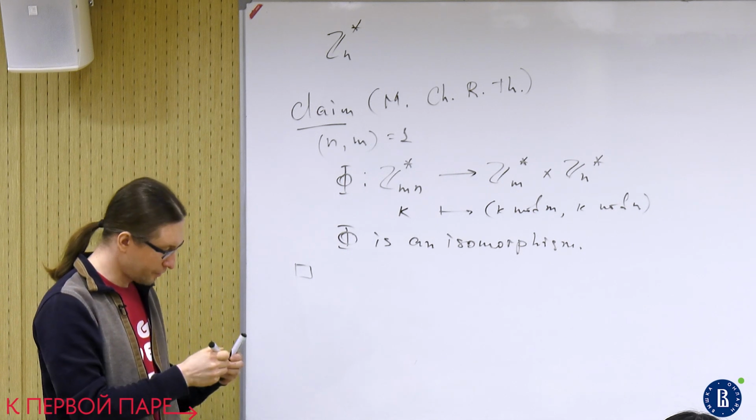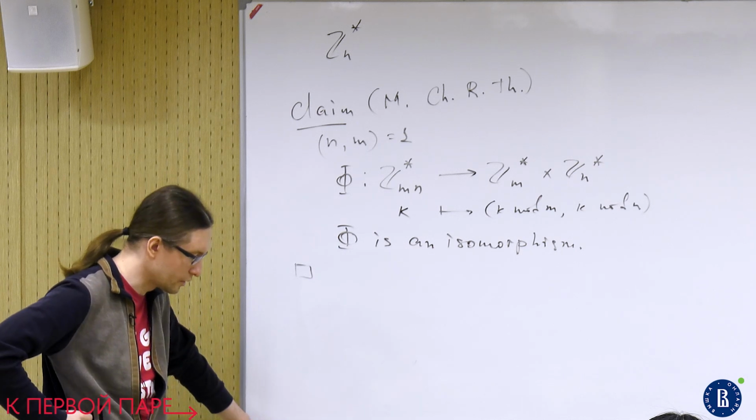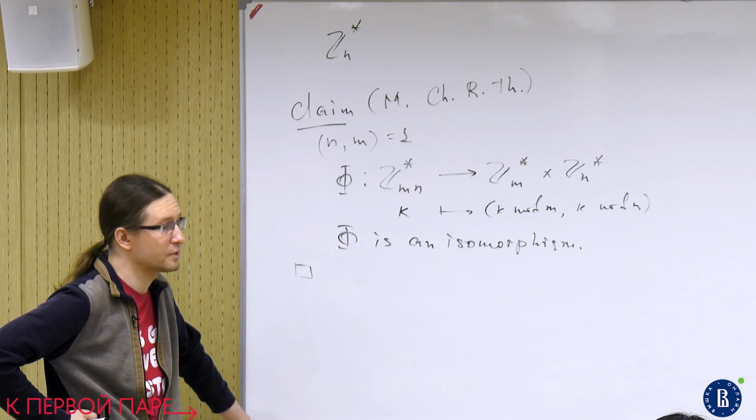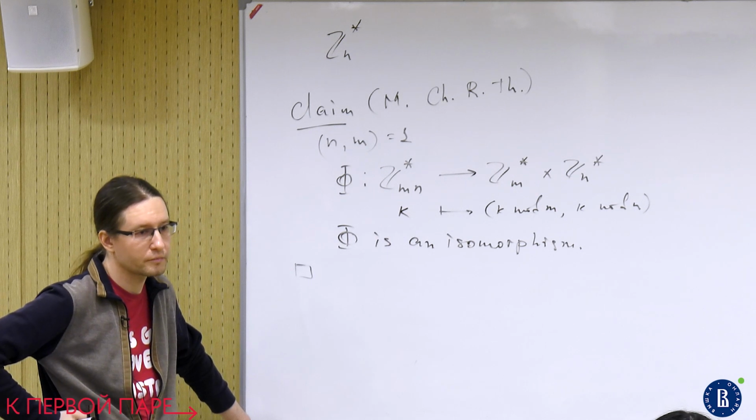Now, if we want to prove the result, we need to prove two things. First of all, that this map is a bijection, and the second thing, that this map preserves the operation.